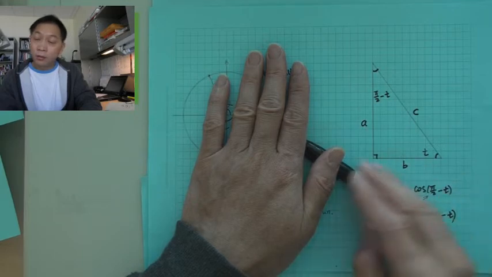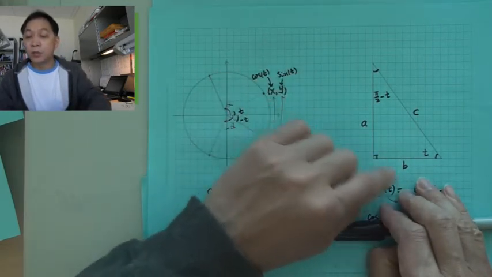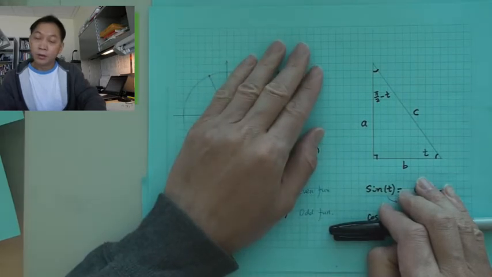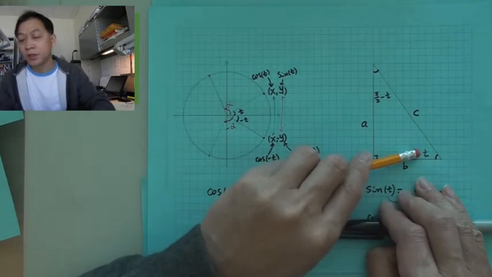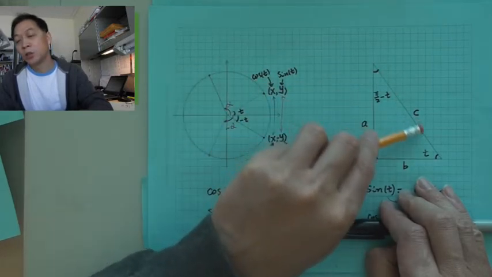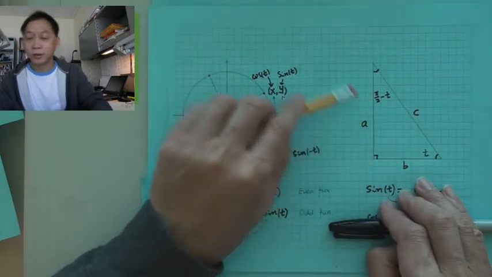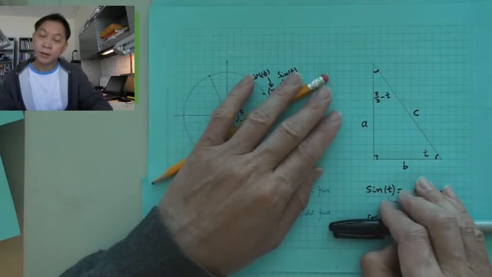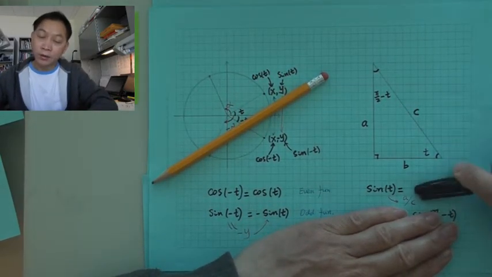Now, what is sine T in this right triangle? Sine T is this one. So sine T is opposite side over hypotenuse, is A over C. Okay? So sine T is A over C, right here.